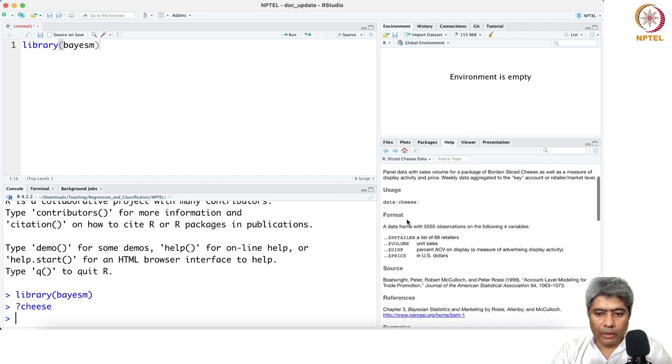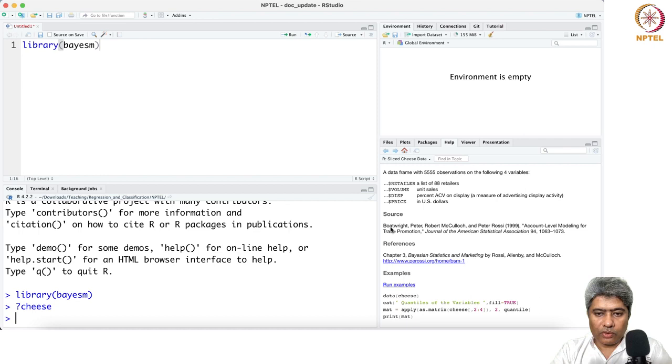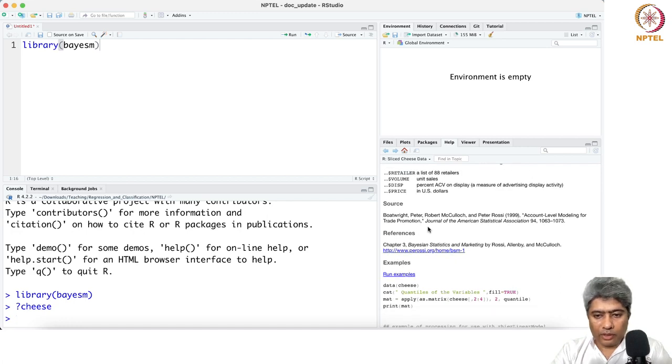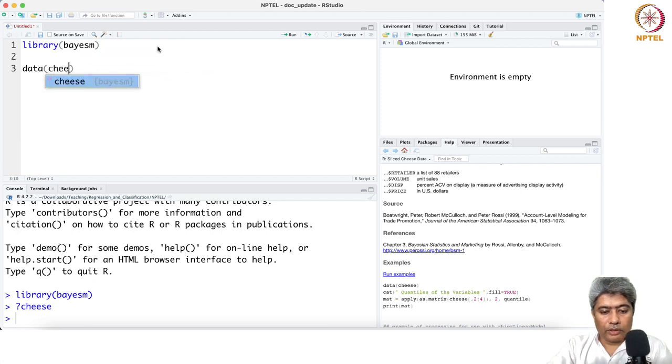The reference is also available in Rossi, McCulloch and Allenby's book on account level modeling for trade promotion, and in this paper this dataset first appeared. So first I'm going to call this dataset, data cheese.